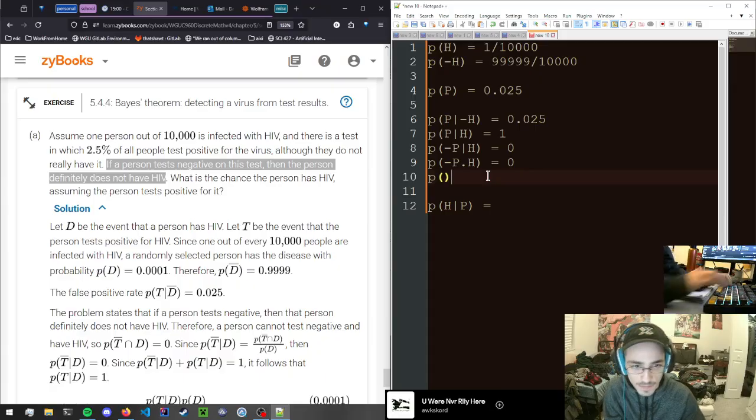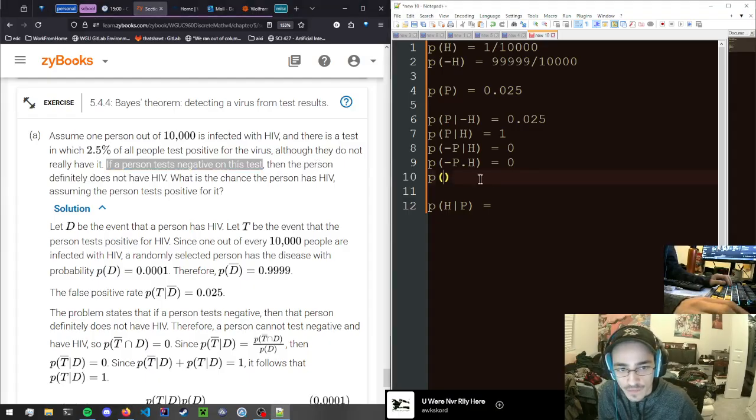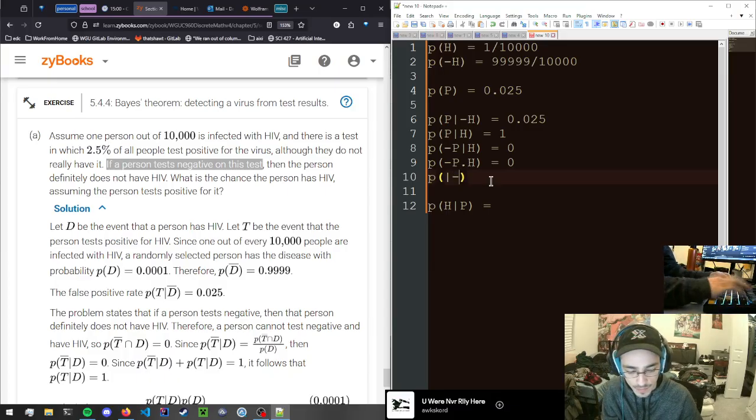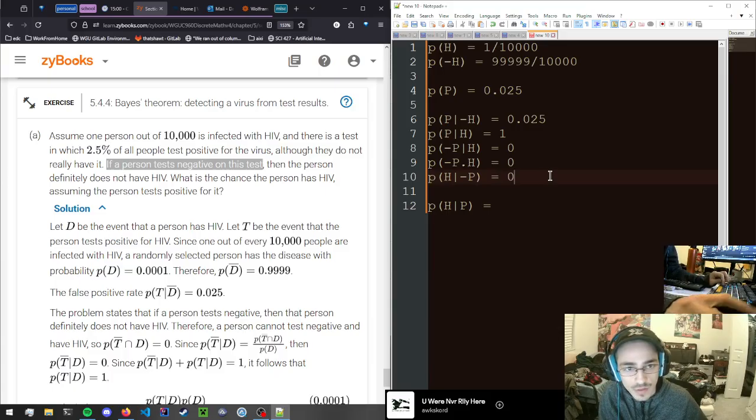What I did is, they said if a person tests negative, then they don't have HIV. So I interpreted that as saying, given they tested negative, what is the chance they have it is 0. Which is true, right? This is also another thing, I guess. Maybe.